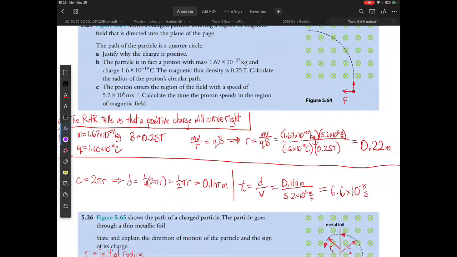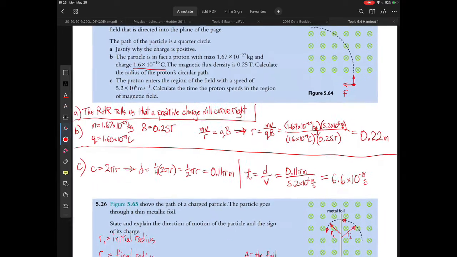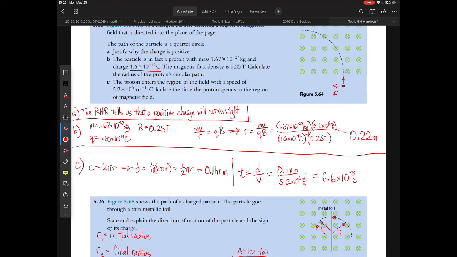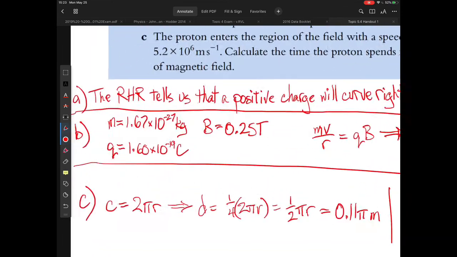Okay, so then the particle is a proton, and they give us its mass and its charge, and they give us the magnetic flux density. Note that the charge is just the fundamental charge, so very straightforward. Calculate the radius of the proton's circular path.